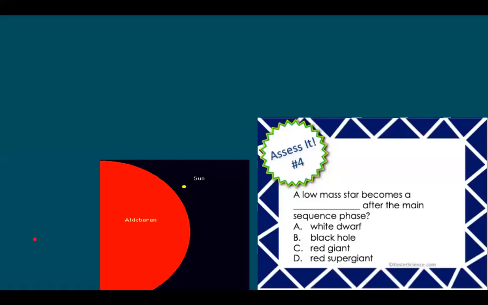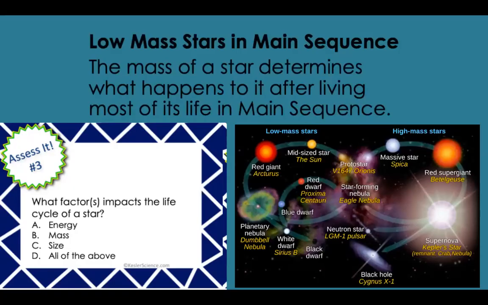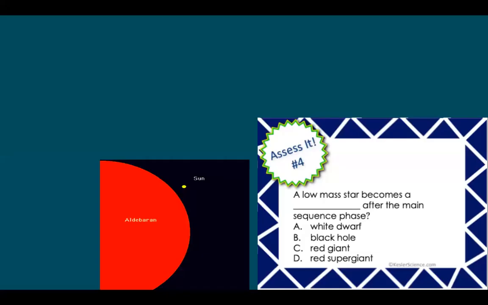Last question. Assessment number 4. A low mass star becomes a blank after the main sequence phase. Is it a white dwarf, black hole, red giant, or red supergiant? So if we go back to this picture, a low mass star becomes a blank after the main sequence phase.